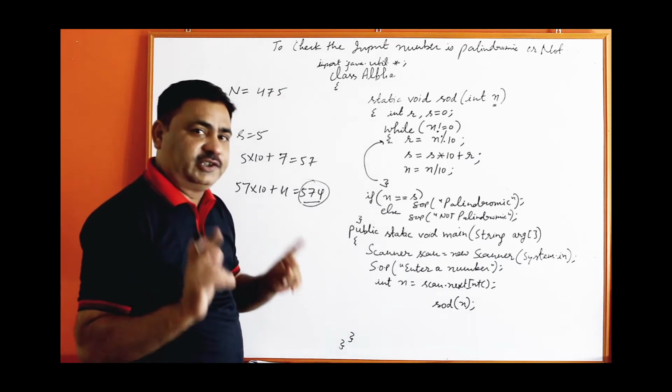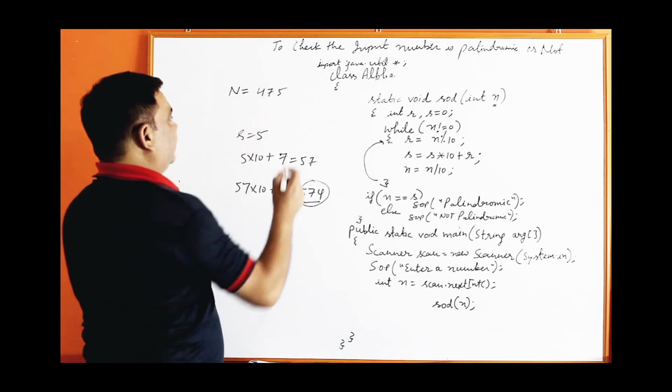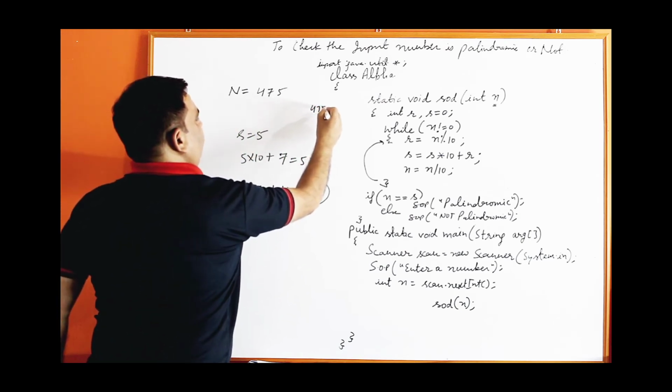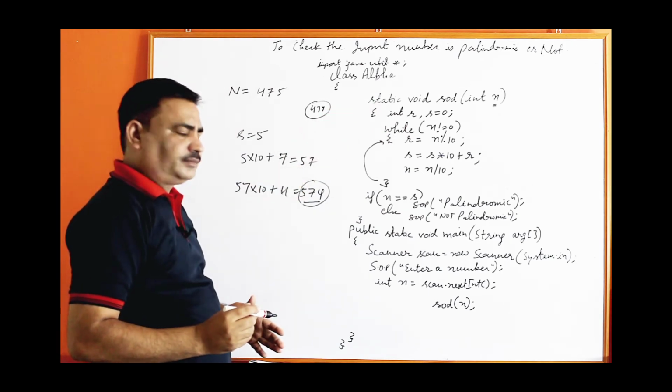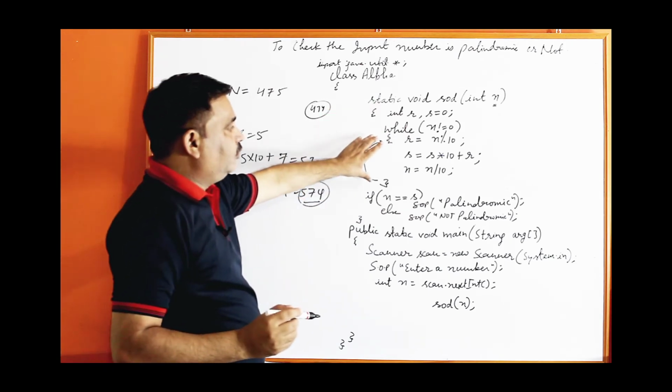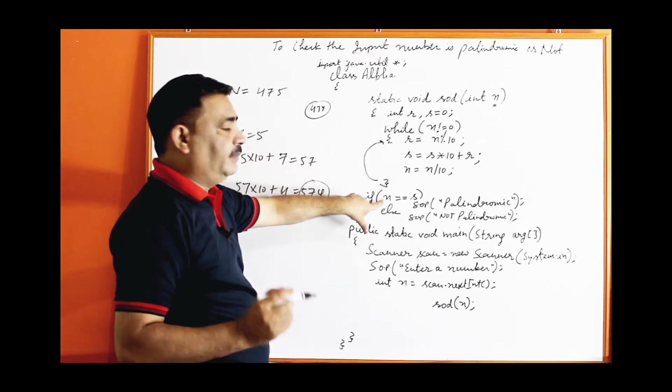But this program is not correct. In case of 474, it will also print not palindromic. Why? After this loop, the value of n will become 0.